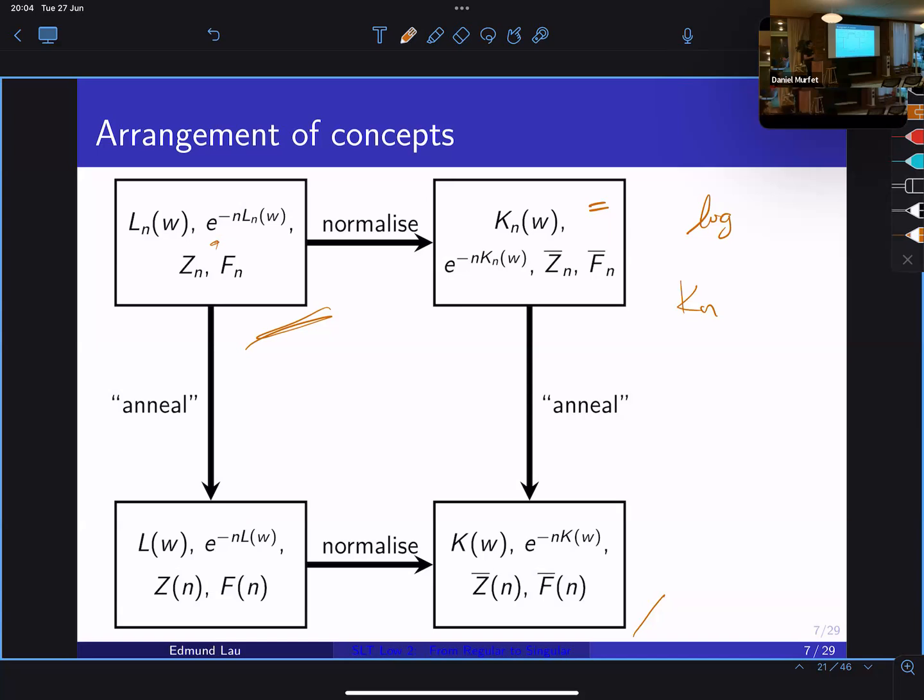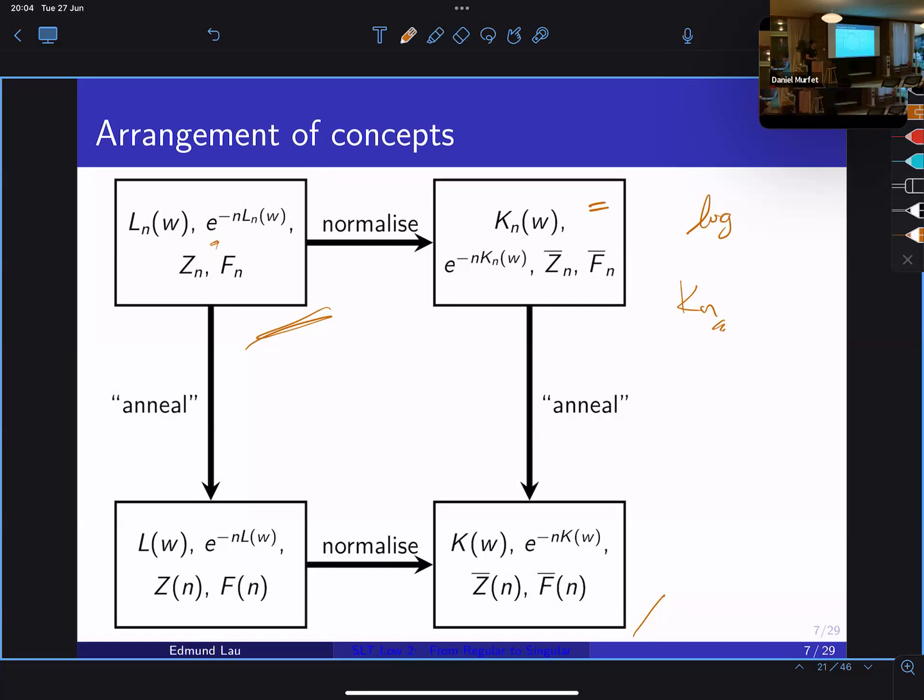N is the number of actual samples we have in our data set, the data set size. That's an important quantity because most of our results are asymptotic in n. F is the free energy. Z is the partition function. I'm still having trouble with what I should think about when I think about the partition function. It will probably be clearer later.